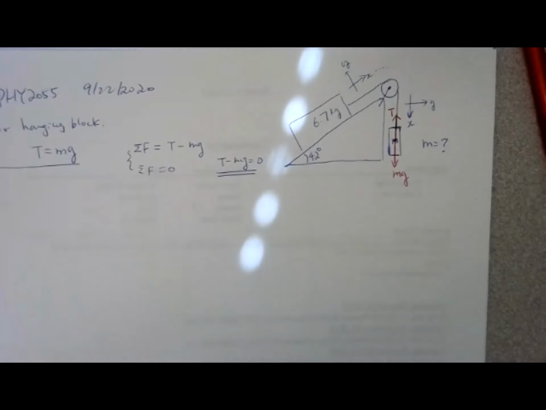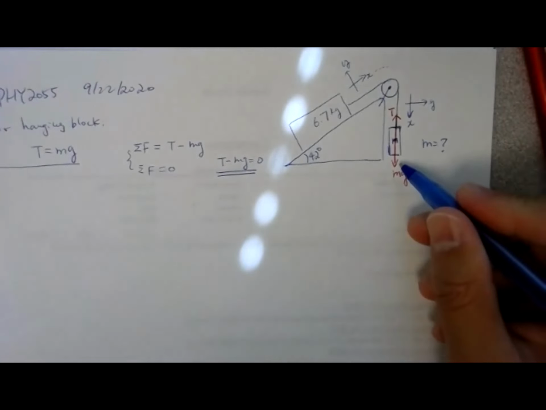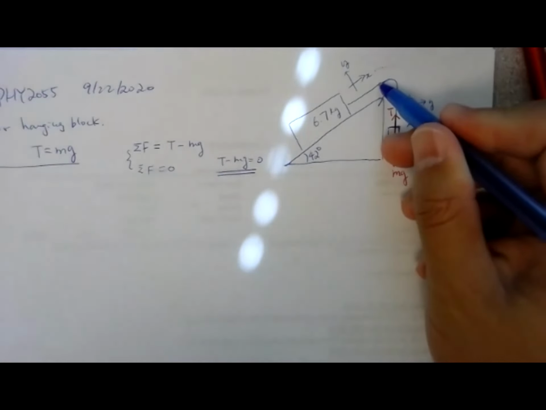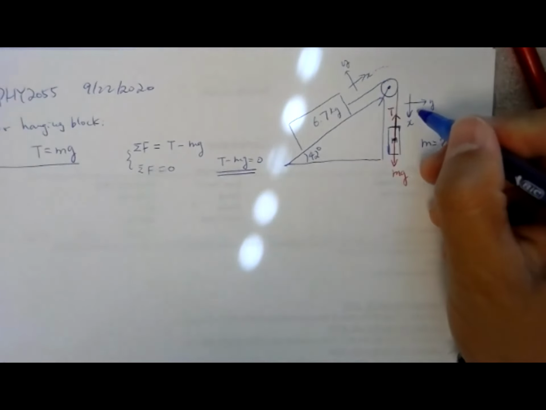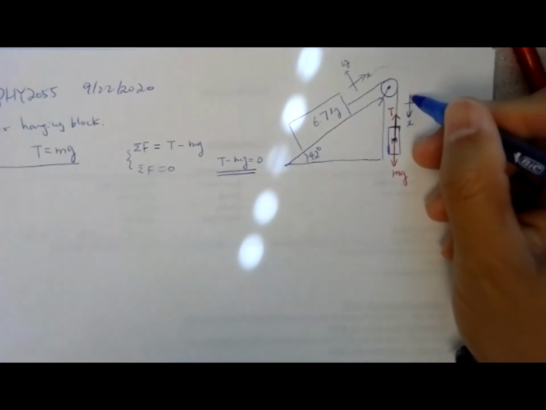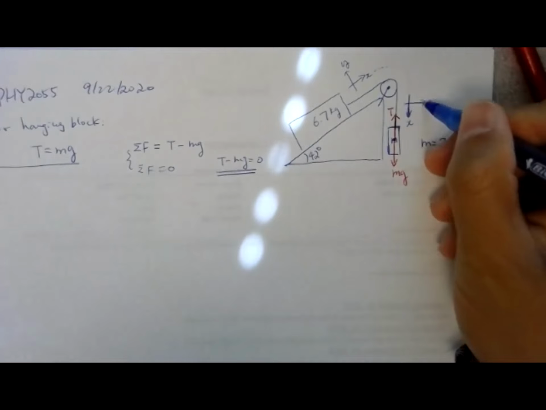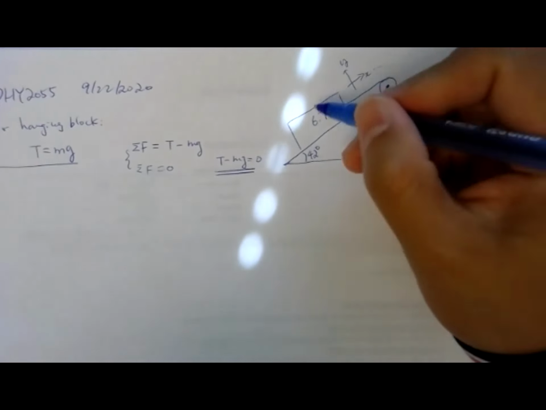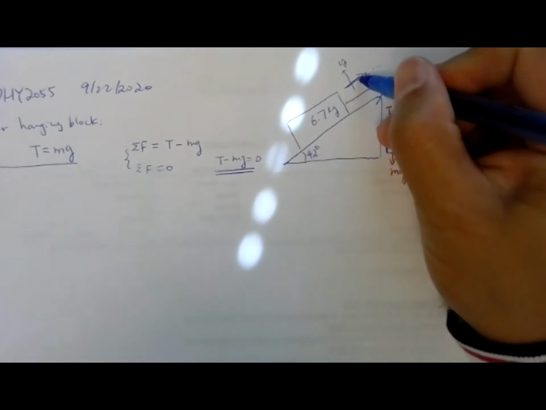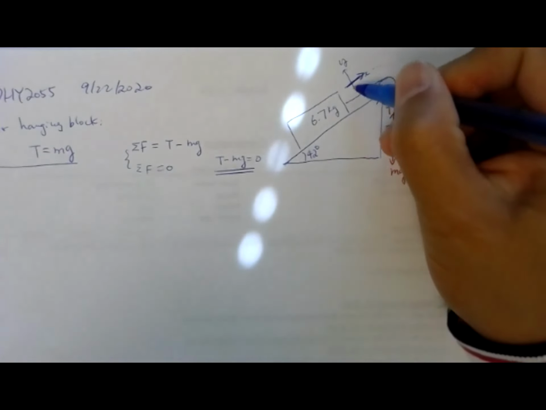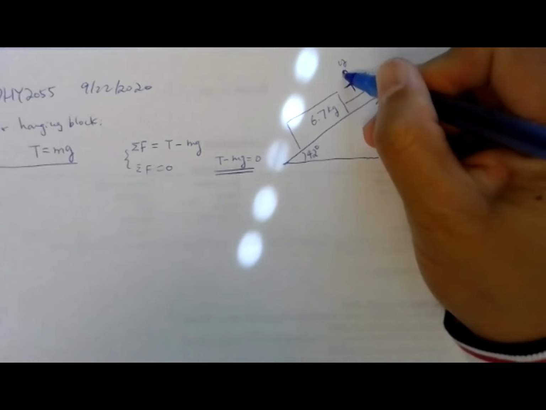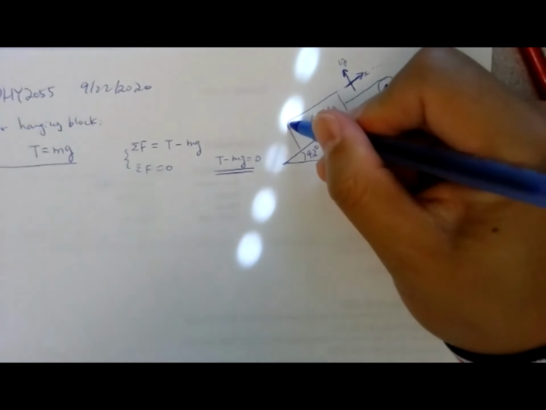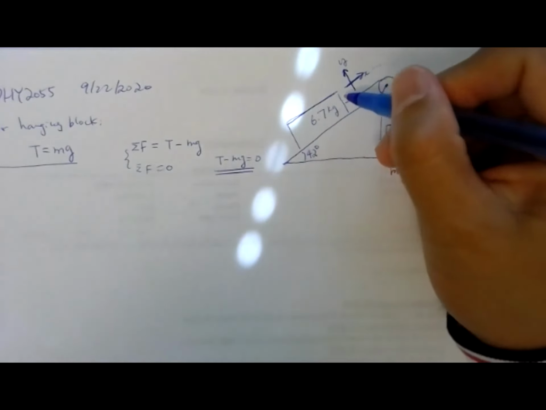Now, because there's a string going through the pulley, you can set up X in this direction and Y in this direction. Or you can start with the block on the incline for the coordinate system. You can set up X to be along the surface and Y to be perpendicular to the surface for this block on the incline.